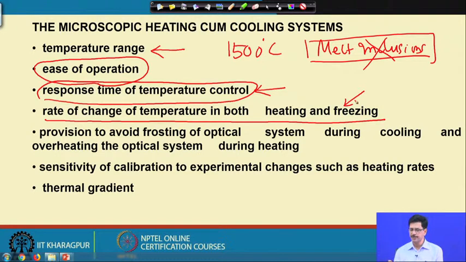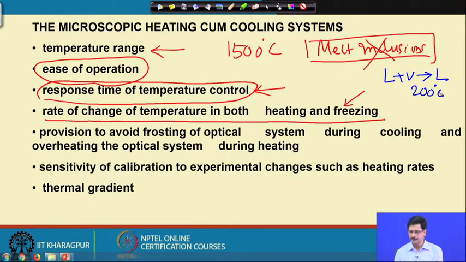Suppose, for example, one particular inclusion that we are observing is liquid plus vapor. Say one inclusion which was liquid plus vapor has become a liquid by homogenization, and this takes place at 200 degrees Celsius that we observe.